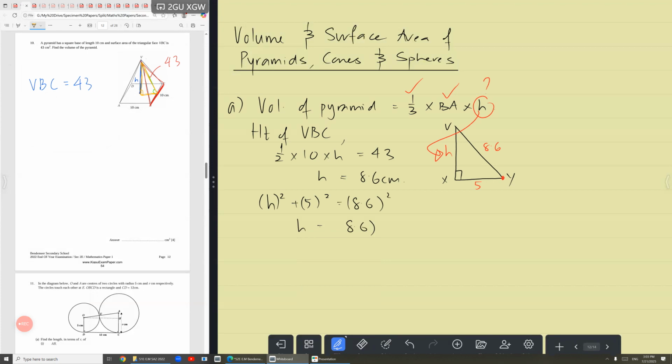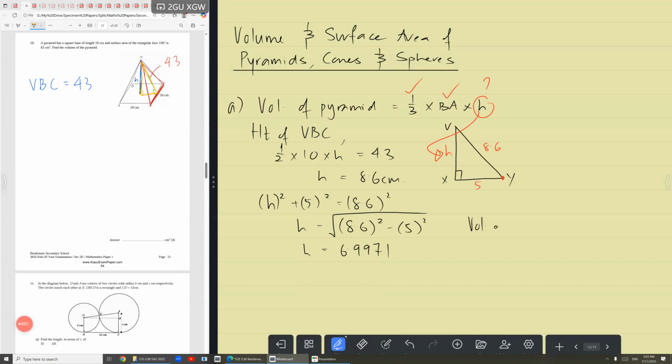So h is simply the square root of 8.6 squared minus 5 squared. Type the numbers in your calculator and you will get 6.9971. That is the height of our pyramid. Now that we know the height of the pyramid, we can get the volume.